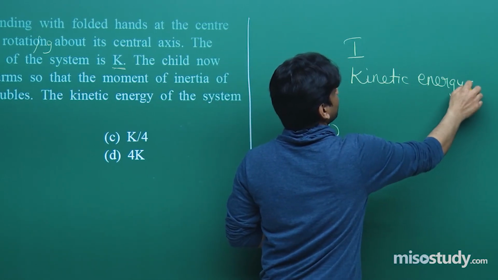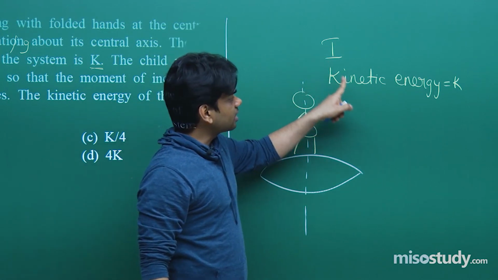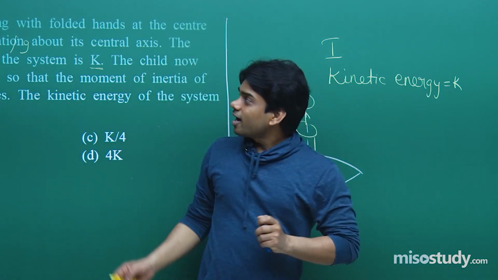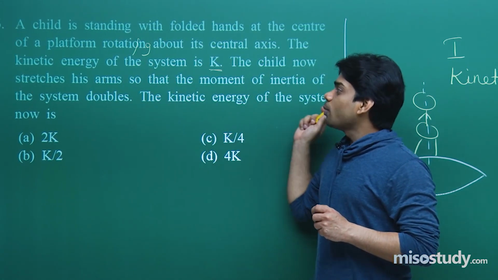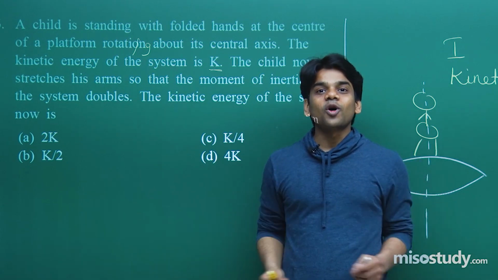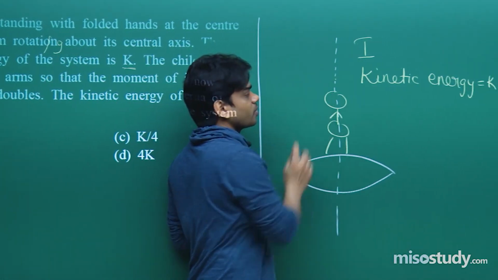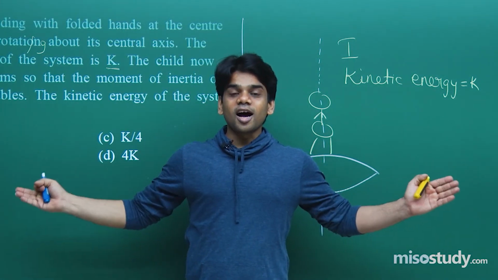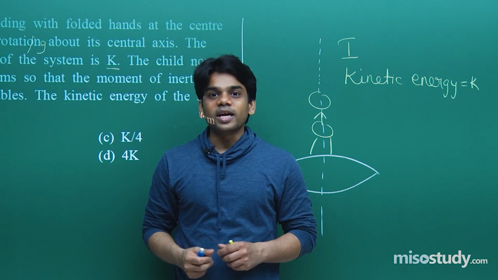Now we have taken that the initial moment of inertia is I and the initial kinetic energy is K. Next, the child now stretches his arm so that the moment of inertia of the system doubles. If the child stretches the arm, this is the axis of rotation, so the mass distribution from the axis will be at a distant point.